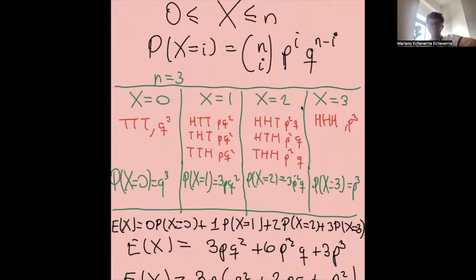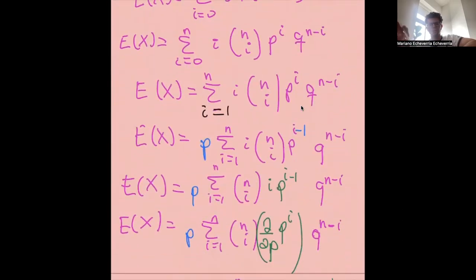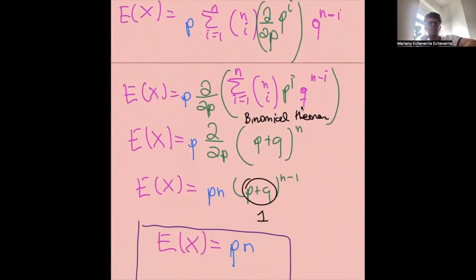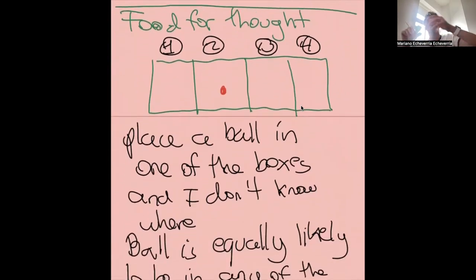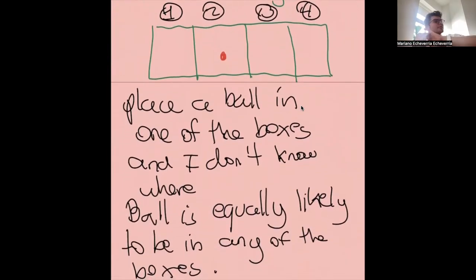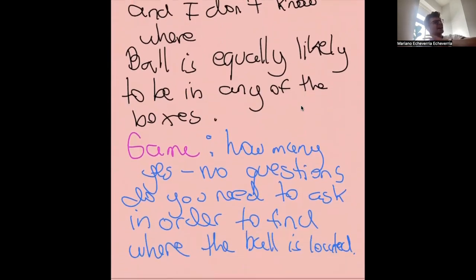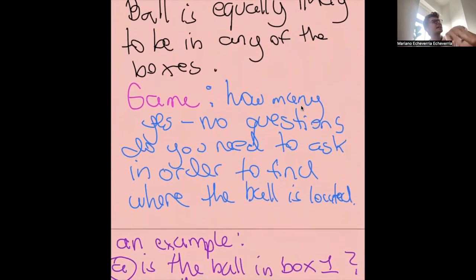So that's what I was saying on Monday, and then I computed the expected value of these random variables just to give you an idea of how they work in general. Now, I'm not necessarily expecting you to memorize these because there are a bunch.